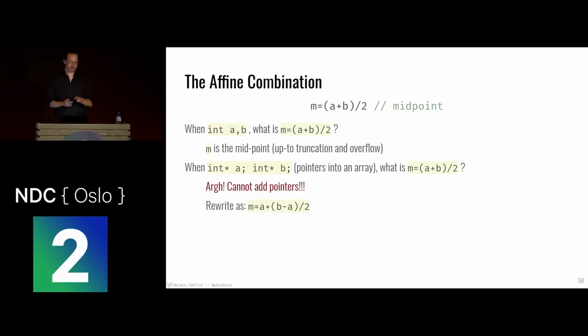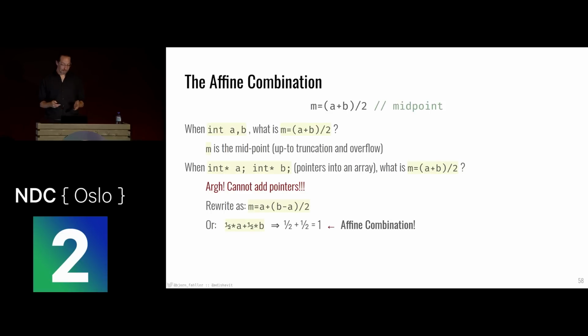So this actually uses valid affine space operations, because A is a point and B minus A is already a displacement, right? We can multiply that by 1/2, or equivalently divide by 2, and we can add that as a displacement to our pointer.